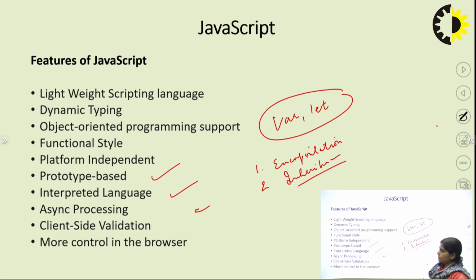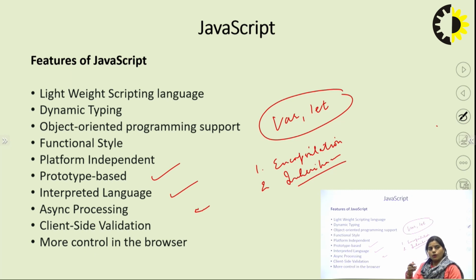The next one is asynchronous processing. It means that whenever JavaScript gets a request, it doesn't wait to get the response, it immediately sends the response, and this response sending process runs in parallel. This feature is known as asynchronous processing, meaning they do not have to wait for the next requests.